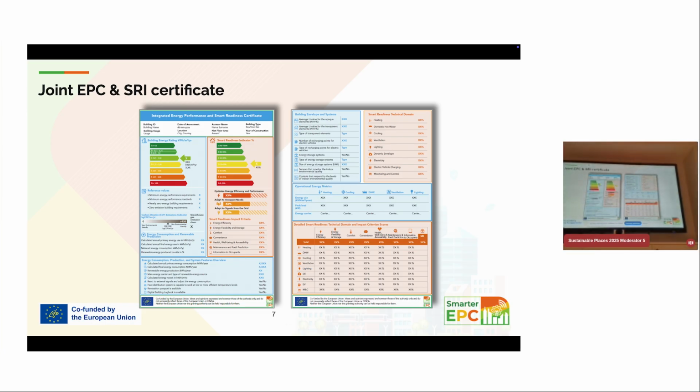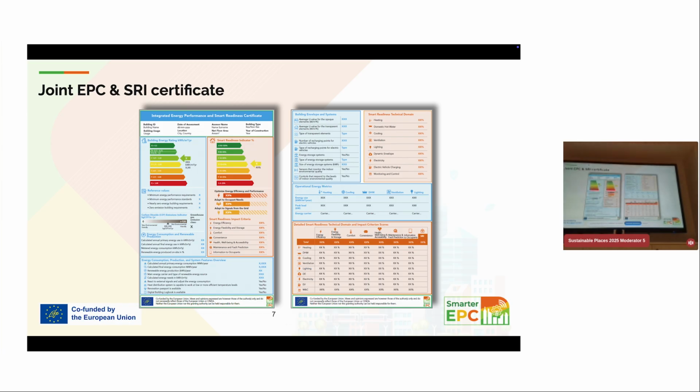And it is, of course, aligned with the EPBD requirements, since, as you know, in the new version of the EPBD, there are some mandatory elements that have to be included in EPCs. In SRI certificates, there are also some optional elements. So we have prepared this. We are going to maybe prepare other options or have different options, and we will also prepare some practical examples making use of this certificate.